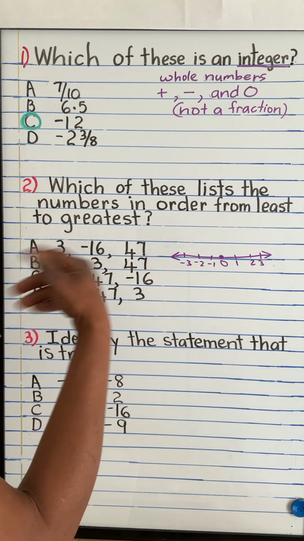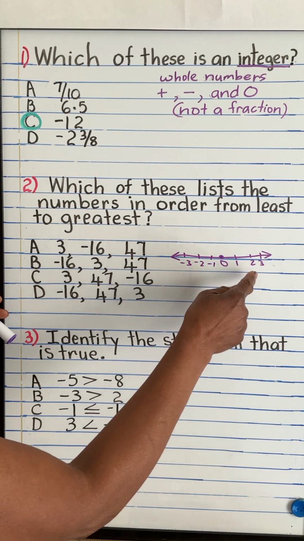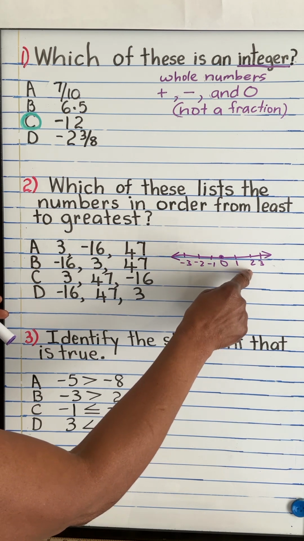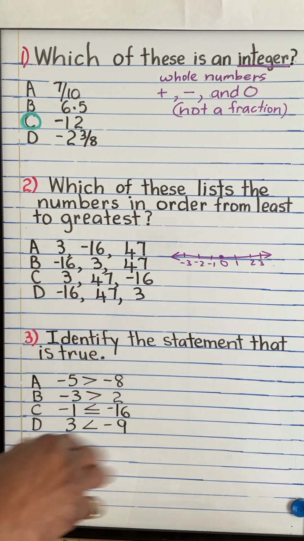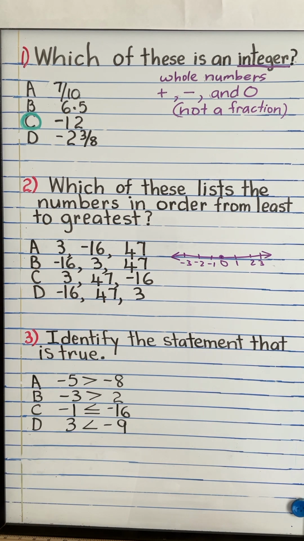To the left, the numbers are negative, and on the positive side, 1, 2, 3, 4, 5, and it continues positively. The numbers increase to the right.